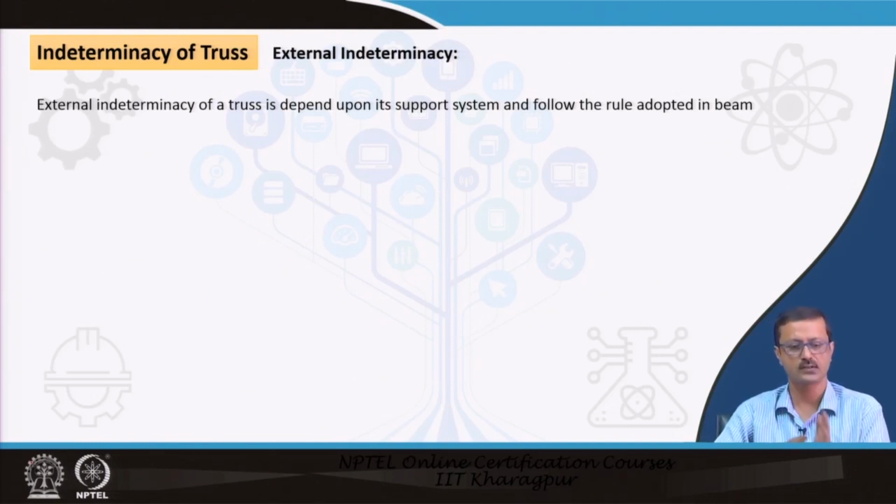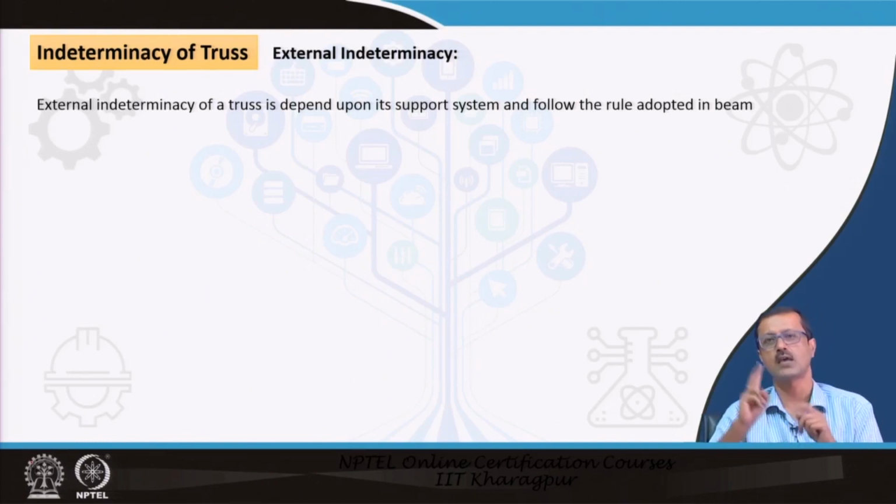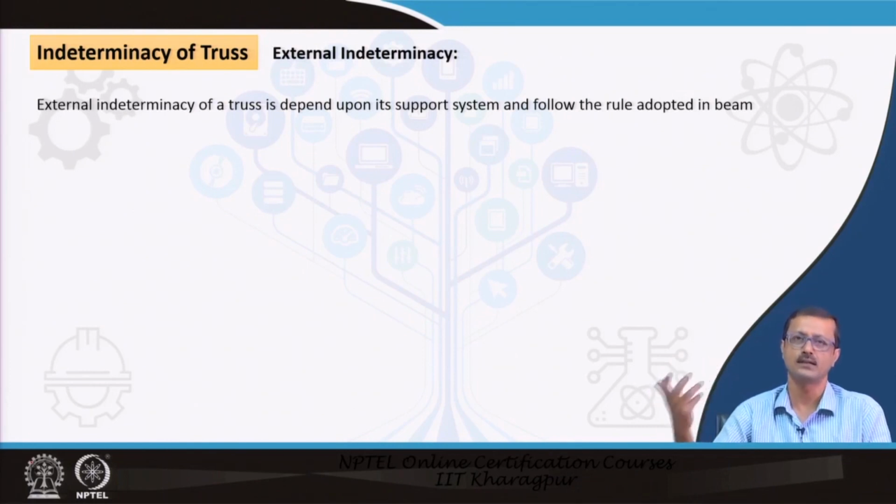So, a truss will have two types of indeterminacy. The first one is called the external indeterminacy, and the second one is called the internal indeterminacy.